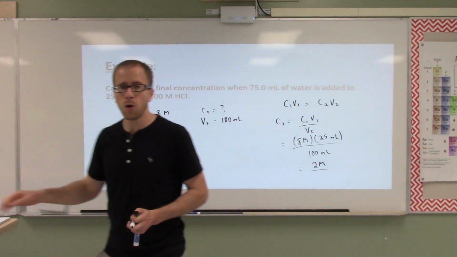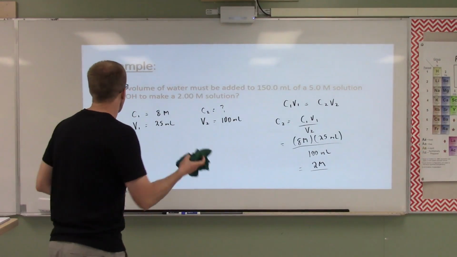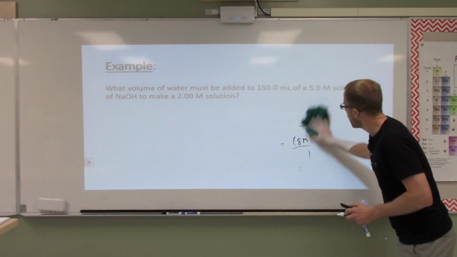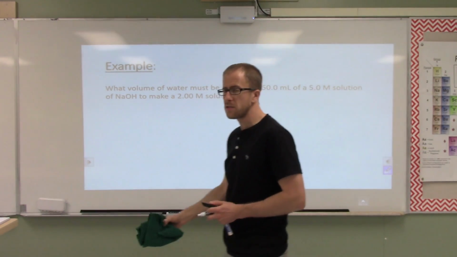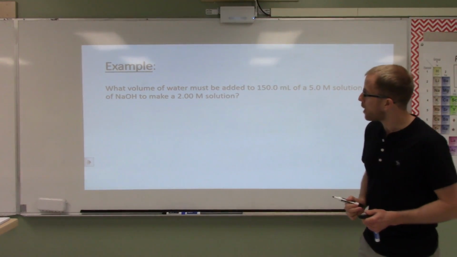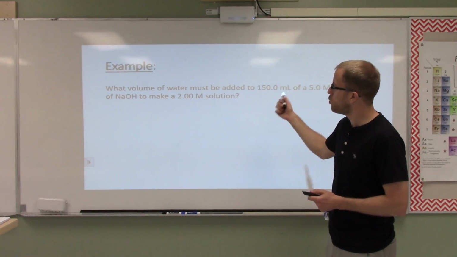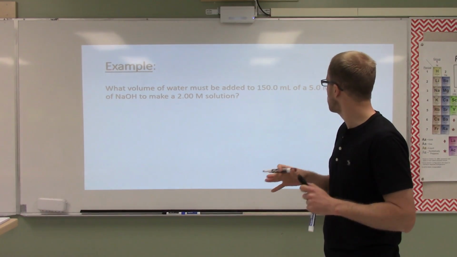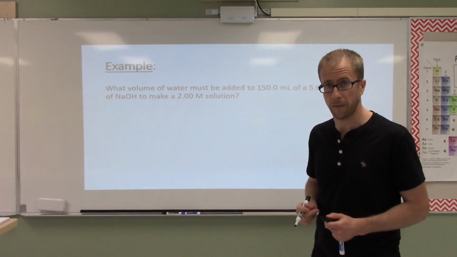All right, let's do one more quick example. What volume of water must be added to 150 milliliters of a 5 molar solution of sodium hydroxide to make a 2 molar solution? So we're making a 2 molar solution from a 5 molar solution, so we're going to be adding some water here.